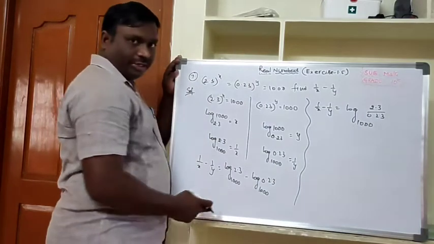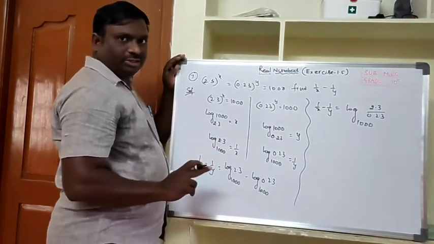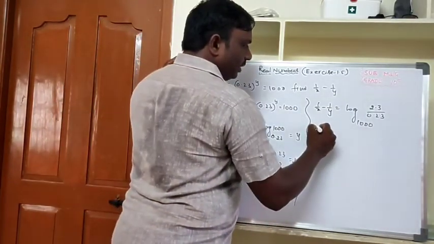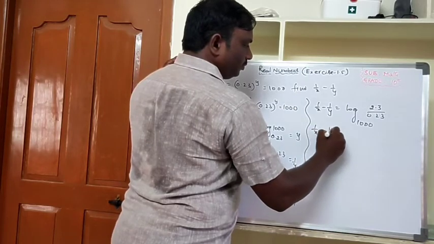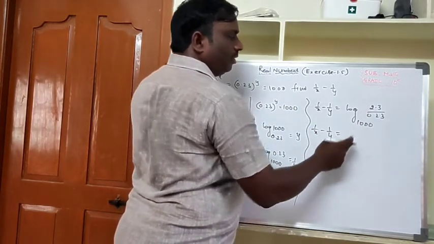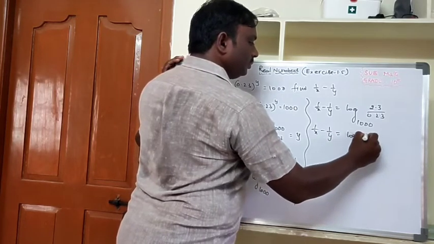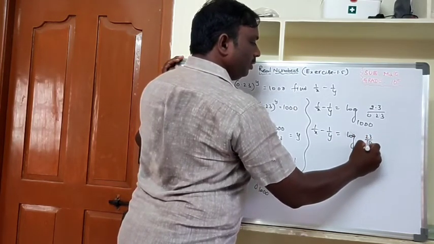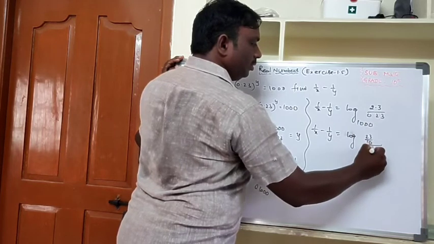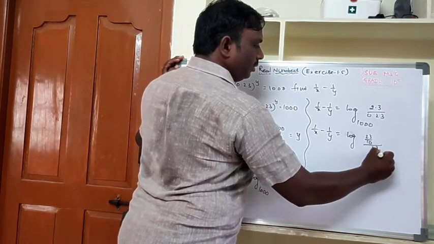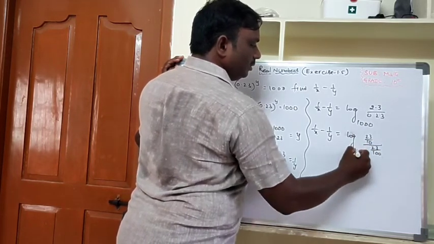Base 1000 we have to write. That is not a common base 10. So 1 by x minus 1 by y equal to, change into fractional form, that is log of 23 by 10 divided by 23 by 100, base 1000.